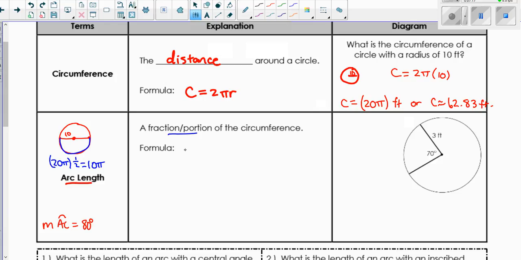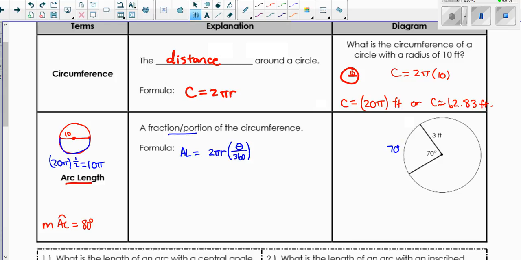So, I mean, you can really think about it as like your arc length equals your circumference, 2 pi r, times theta out of 360. Remember, theta represents an angle, so some angle out of 360. Okay, so let's use this as an example. If this angle is 70 degrees, then this arc is also 70 degrees, since it's a central angle.